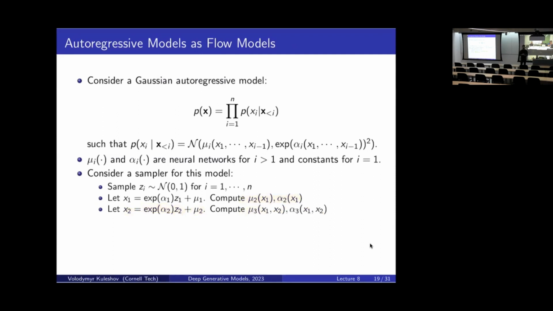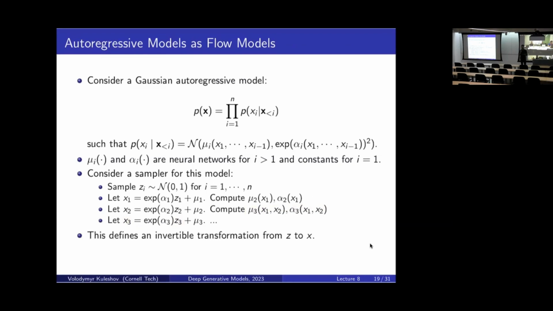Okay? And then I can keep going. Once I have x2, I can compute the parameters of the distribution over x3, and I can sample x3 from z3, and I can keep going like this to get the full sample.